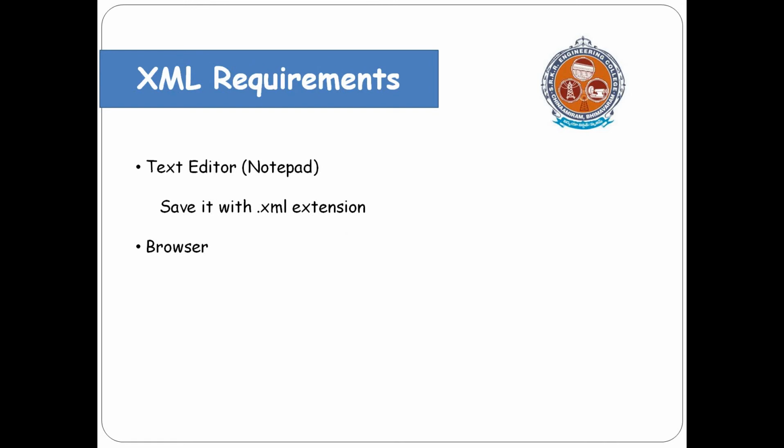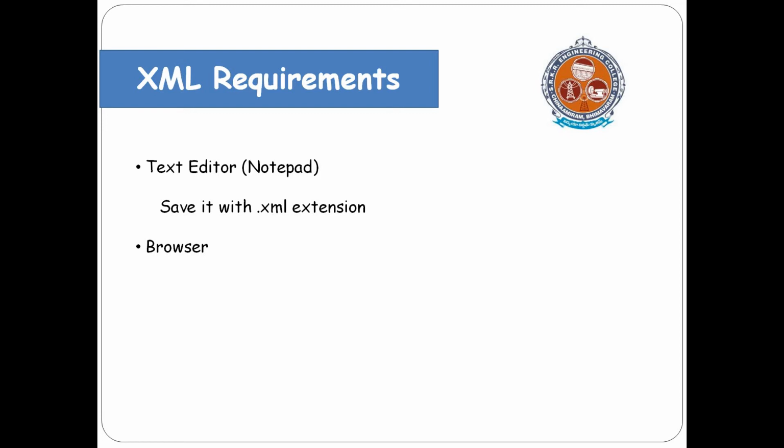So coming to the writing, if you want to write any XML document, the main two requirements are, similar to HTML, first, we write our XML document in any text editor like Notepad, and after writing that, like HTML, you save it with the extension .xml. After that, if you want to check our XML document, there are XML parsers, and our browsers have inbuilt parsers.